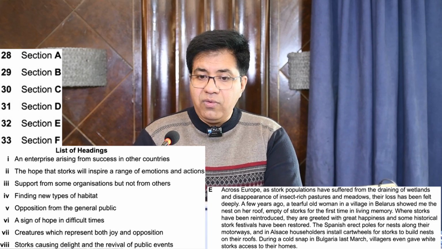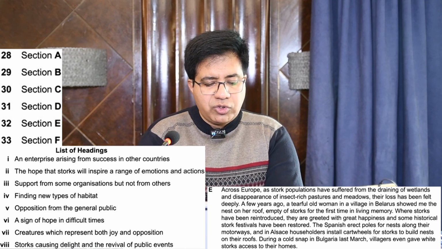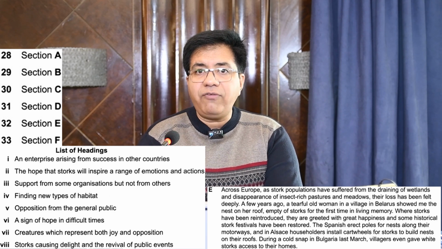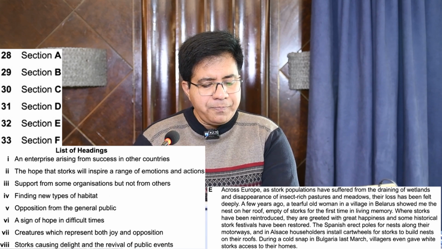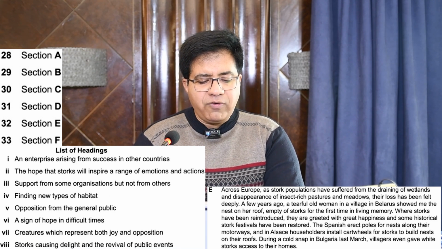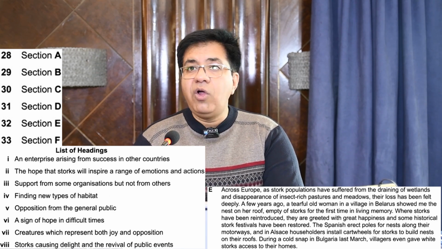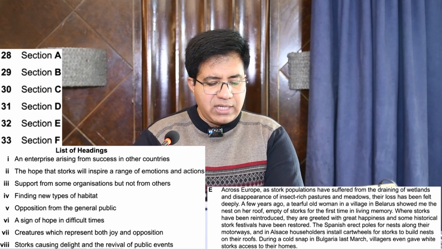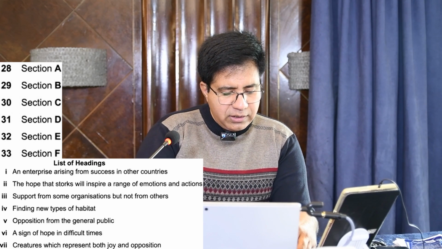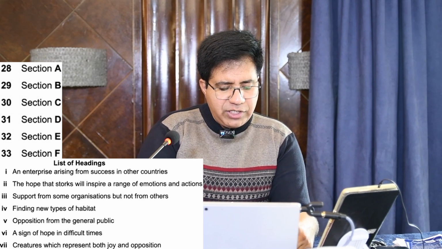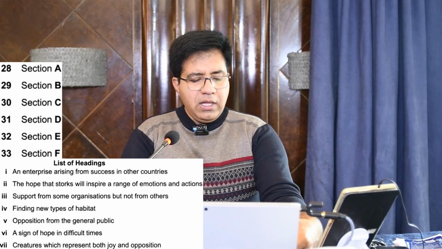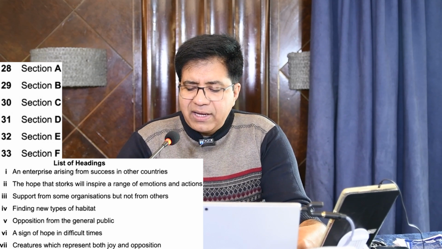Question number 32, section E, the right answer is heading number 8, storks causing delight and revival of public events. And then we use paragraph D, heading number 3, support from some organizations but not from others. 2 questions answered already, that is question number 31 and 32.